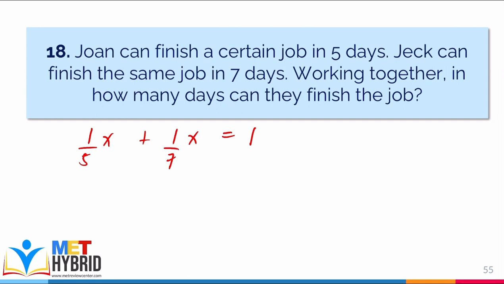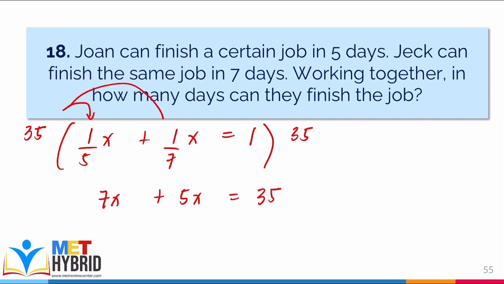So we will just simply have to solve for this equation by multiplying by the LCM of 5 and 7. The goal is to eliminate the denominators. The LCM of 5 and 7 is 35. Therefore, we have 7x plus 5x equals 35. After distributing 35, this results to 12x equals 35.